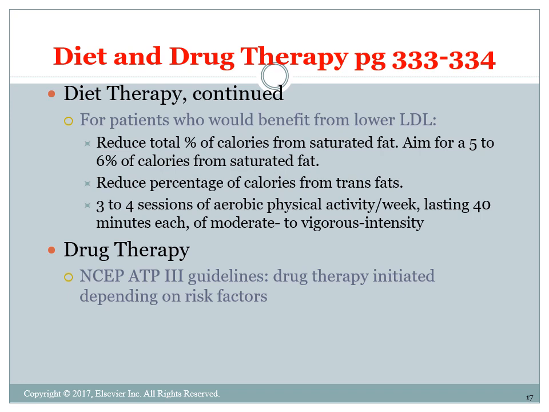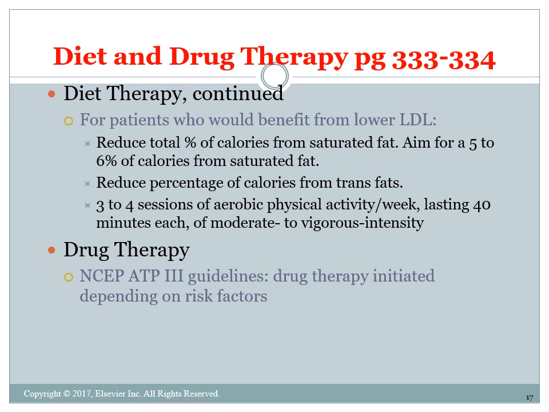So more on diet therapy here. So for patients who would benefit from a lower LDL, remember LDL is bad, we want it to be lower. So for people who could benefit from a lower LDL, we want to reduce the total percentage of calories from saturated fat. We want to aim for 5 to 6% of calories from saturated fat.